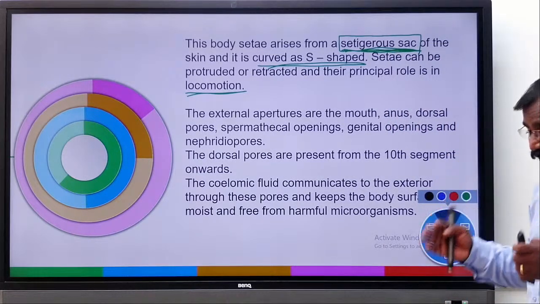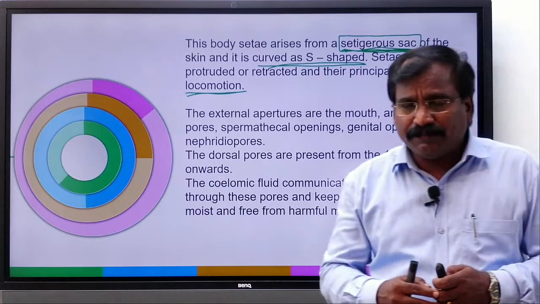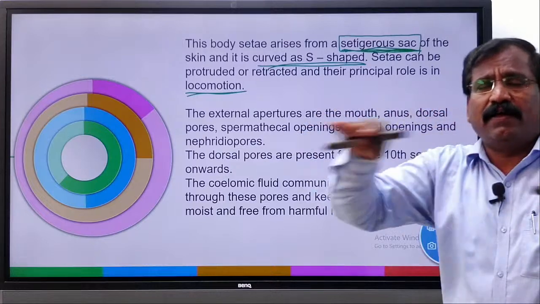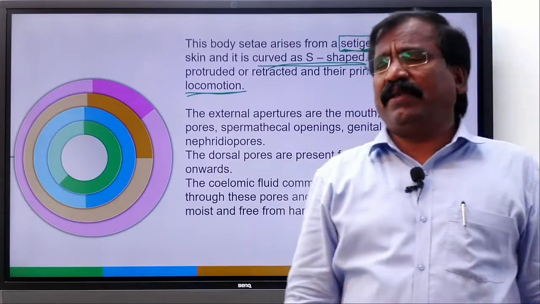Okay, that's all. Next, the apertures. That's almost all of the morphology completed.